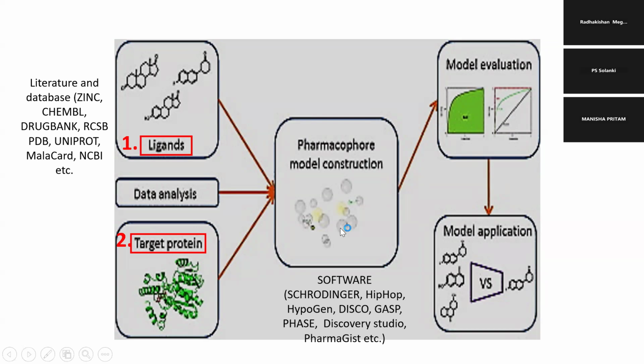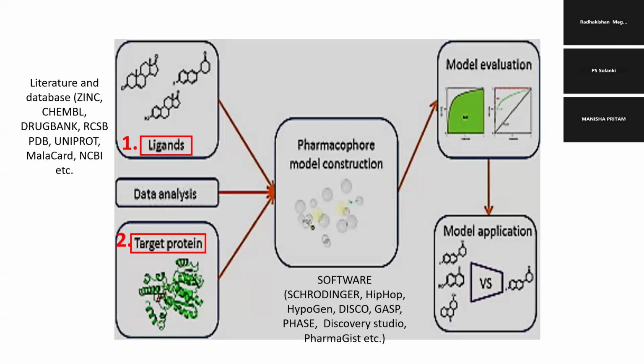After generating a pharmacophore model, you have to evaluate those models. Whatever your plan, either ligand-based or target-based, you have to use 80% of your data for model development and 20% of data for testing.